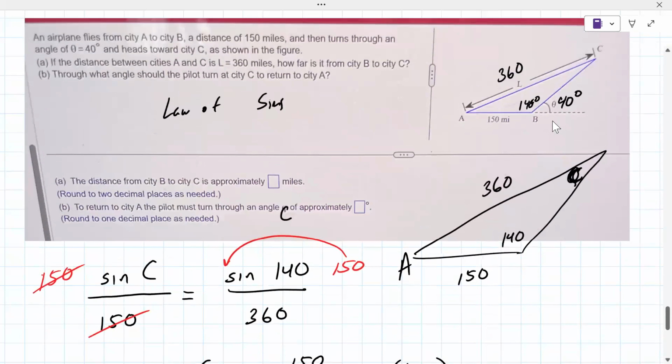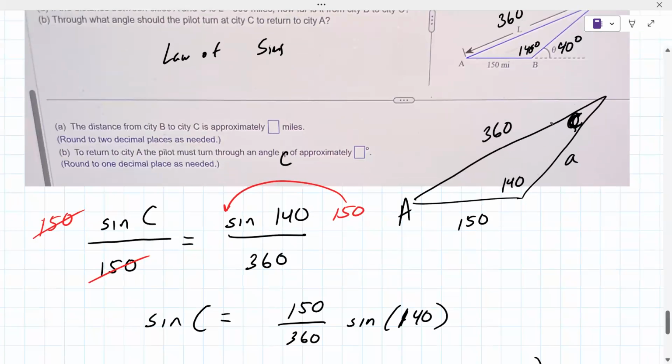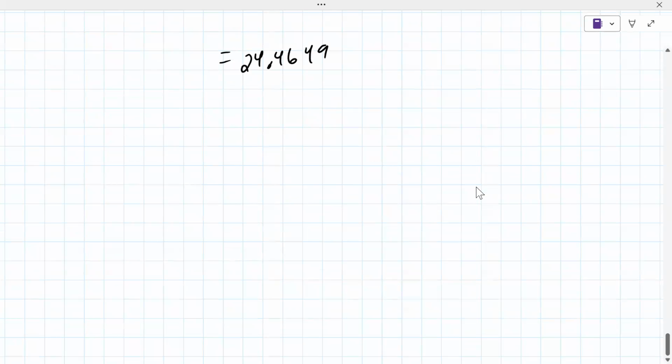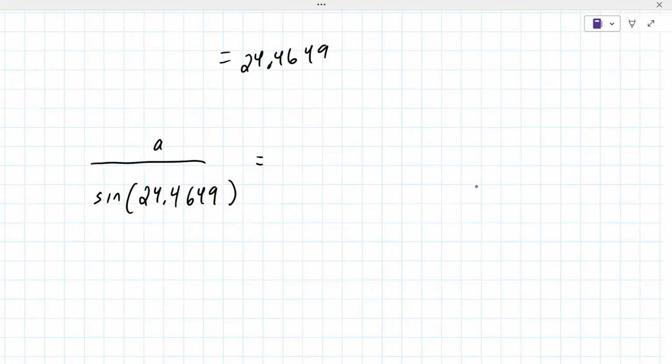And then we can use that to find the side here that we're asked for in part A, from B to C. So I'm going to call that little a. The way this works is it's little a over the sine of this angle, 24.4649, equals, and I always recommend reusing the given information. So a side and an angle.